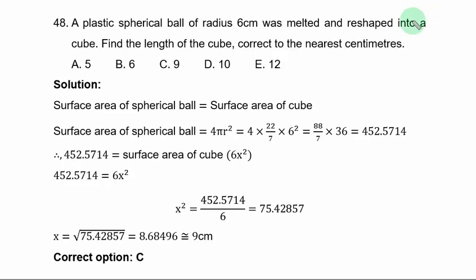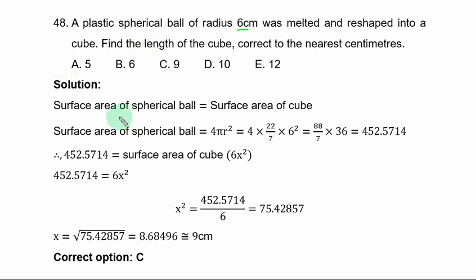Question 48. A plastic spherical ball of radius 6 cm was melted and reshaped into a cube. Find the length of the cube correct to the nearest centimeter. Solution.